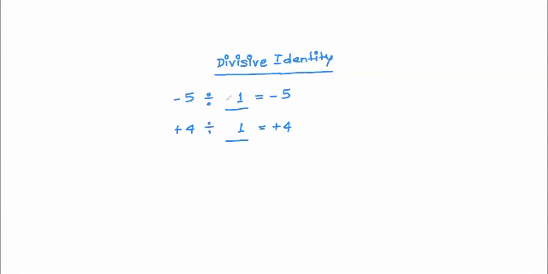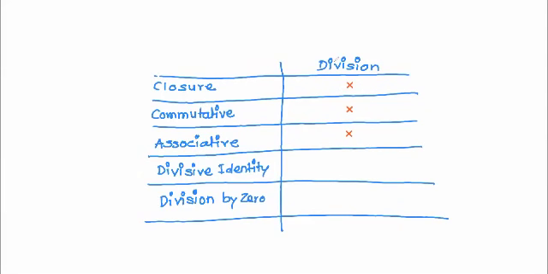So -5 and this has to be +1. Here the answer is positive, means both the numbers have to have the same sign. So one is plus, so the second has to be a plus. So from this, what we can see is our divisive identity is +1.